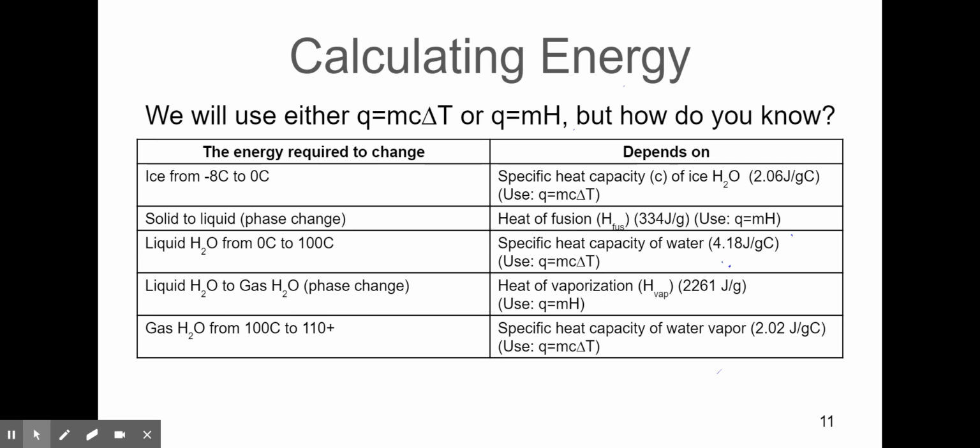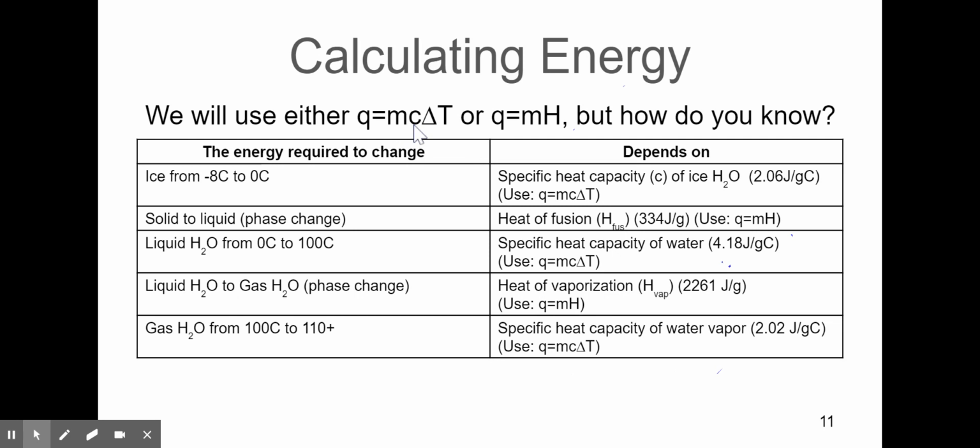At this point in this presentation, if you're not sure what each value means, Q means heat, M means mass in grams, C means specific heat capacity, which you'll see is measured in joules per gram degrees Celsius. So again, Q is heat, M is mass, C is specific heat capacity.